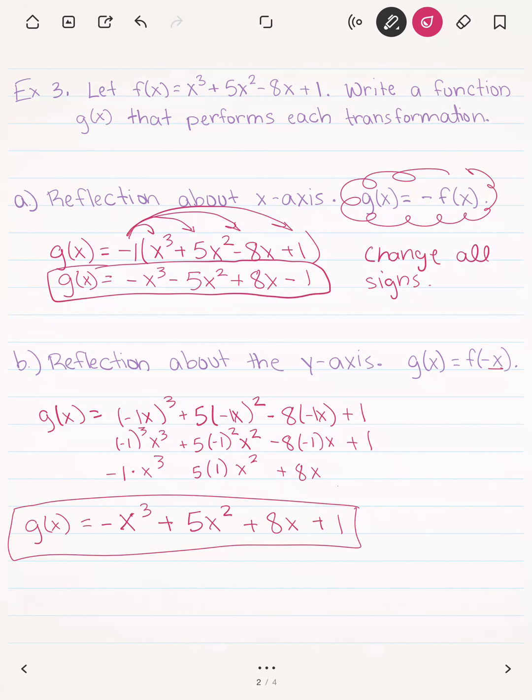If I notice, the only signs that changed were the signs of my variables with odd exponents. So my x cubed, the sign changed to negative, and my 8x, the sign changed to positive. So when we're reflecting about the y-axis, we only change the signs of odd exponents.